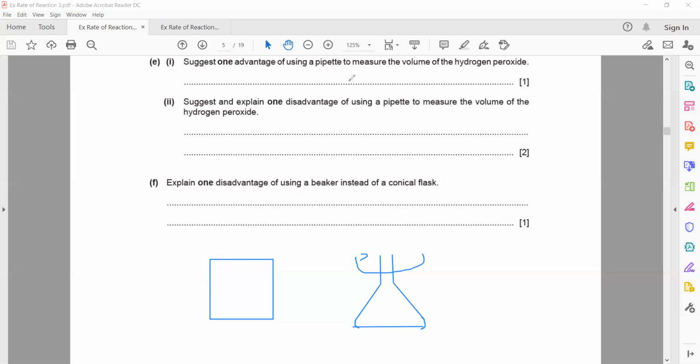But in the case of a beaker, we cannot mix the solution easily without using a stirrer. So we need a stirrer or a stirring rod so that we can mix the solution. So what is the disadvantage of using a beaker instead of a conical flask?